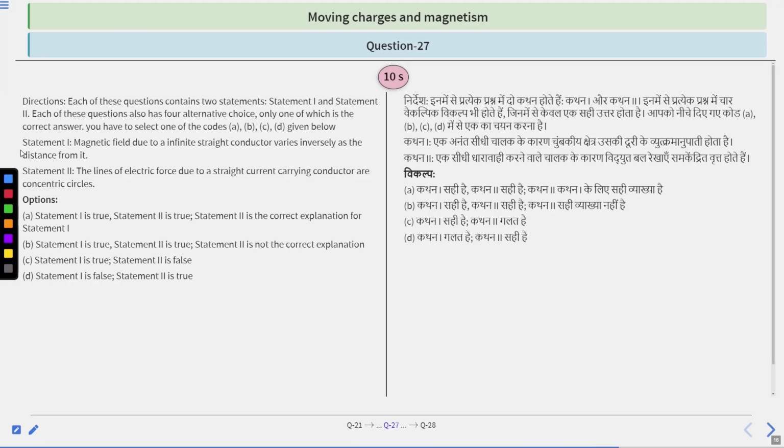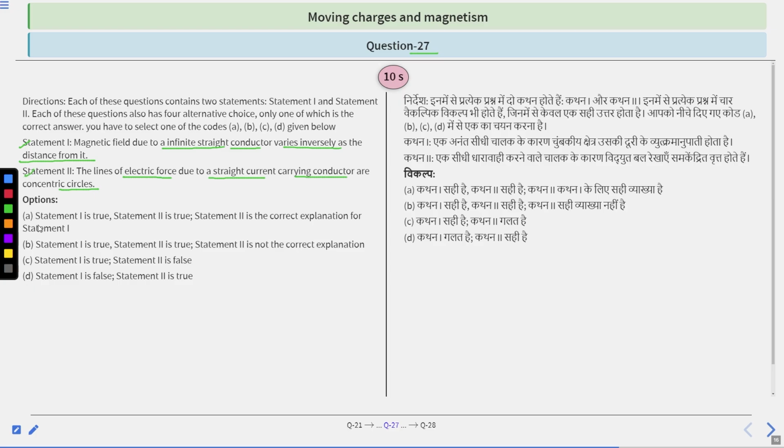Question is: statement first, magnetic field due to an infinite straight conductor varies inversely as the distance from it. And statement second, the lines of electric force due to a straight current carrying conductor are concentric circles. Based on these two statements, which option is correct?